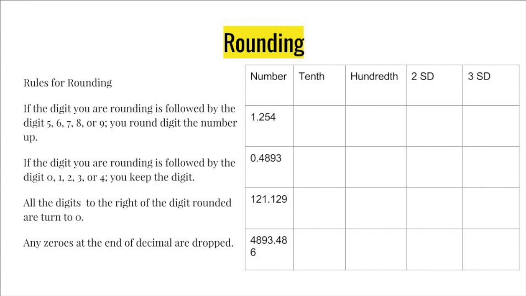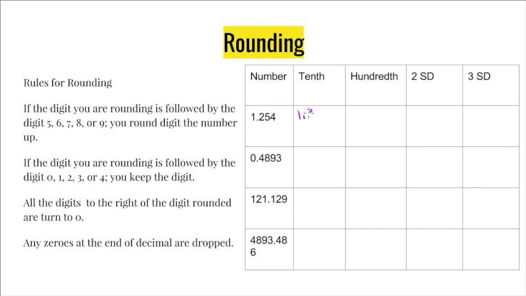So like in this first number, when we look at it, it says 1.254. And since we're going to be rounding to the 10th, we're going to be looking at the 2. So the 2 is in our 10th spot, and we are to look at the right, which is our 5. This 5 tells us to round that 2 up to a 3. So we do.